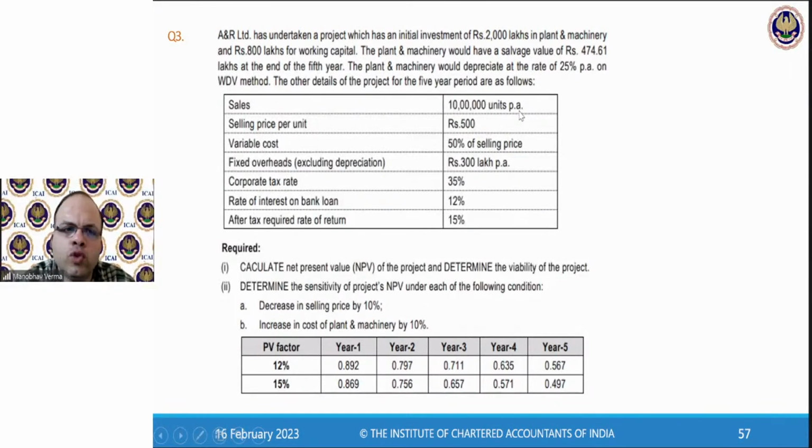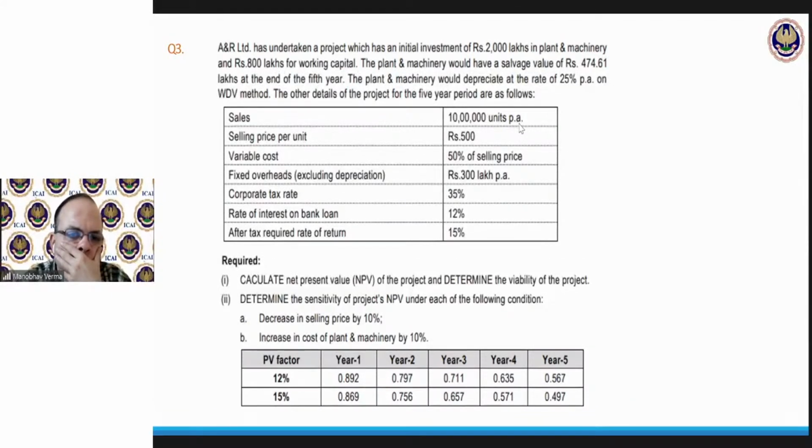So what should we do? Let's do one thing. We are calculating the NPV in terms of what we have already done.